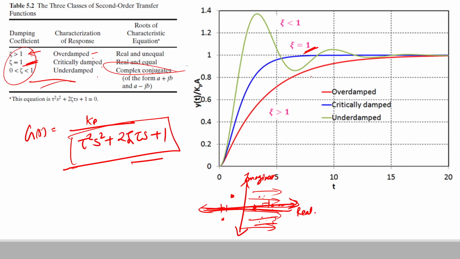Now for an overdamped system, that is zeta greater than 1, the response is sluggish and it will reach the steady state later. Both of these systems, critically damped and overdamped, won't undergo oscillations, whereas in case of an underdamped system, the response is oscillatory and eventually it will reach the steady state, that is this value.